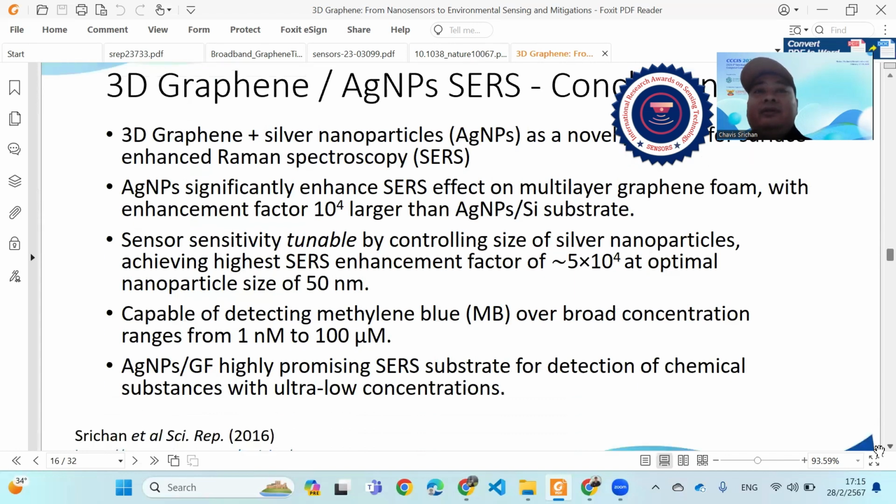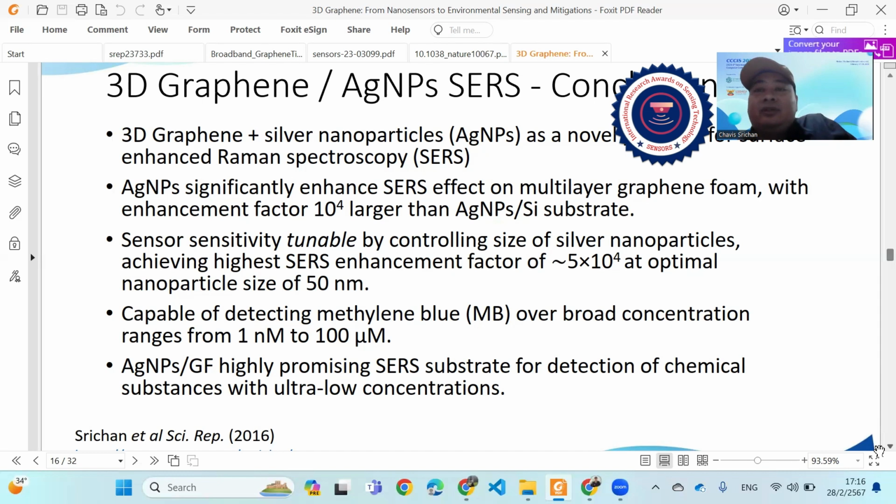So in conclusion, for the first application, you combine the 3D graphene with the silver nanoparticles, and then we get the enhancement factor that could detect methylene blue from nanomolar to picomolar or even to 100 micromolar, which is quite a broad range.